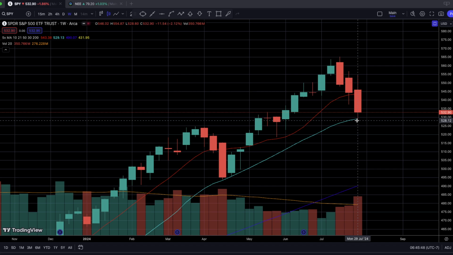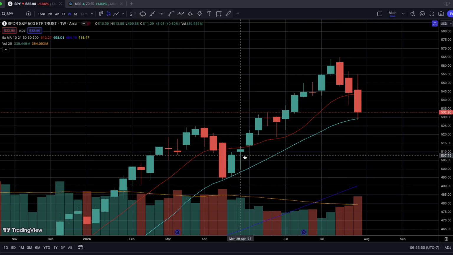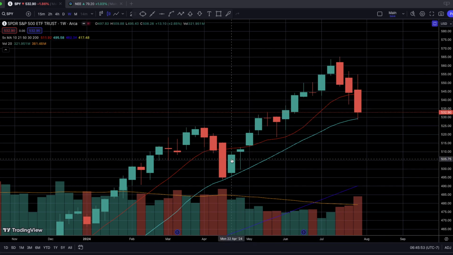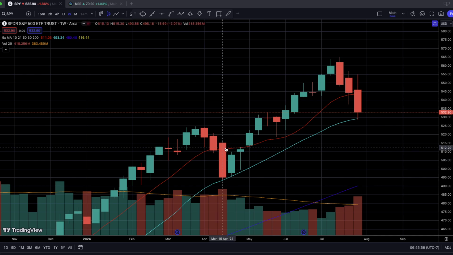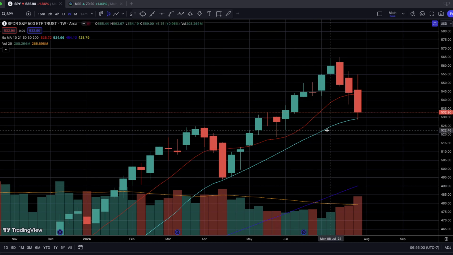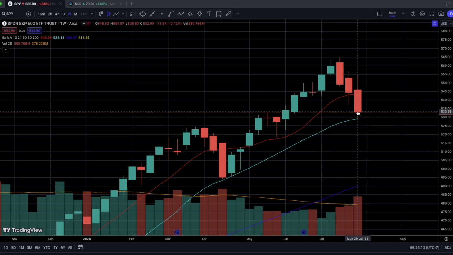I wouldn't be surprised if we see a similar inside week, just like what we saw back in late April, when we decided to pivot away from the weekly 21 SMA. But due to the fact that we're still getting a lot of those negative news and catalysts that I've also mentioned in the market summary of the report, there is a chance that we could see a little bit more of a further move to the downside for some more seller capitulation before we see any type of oversold bounce.